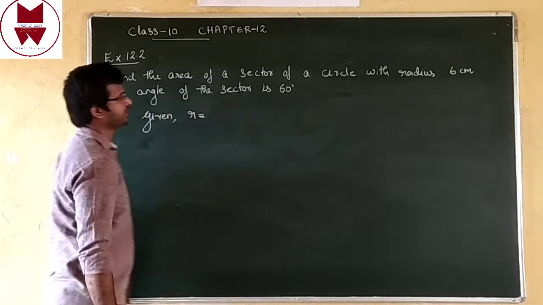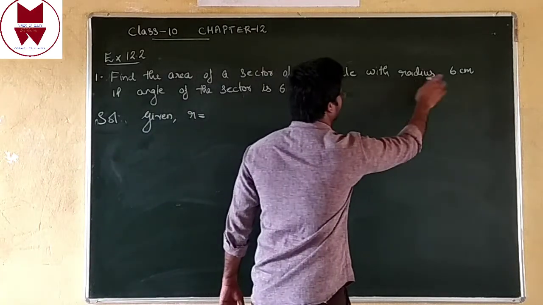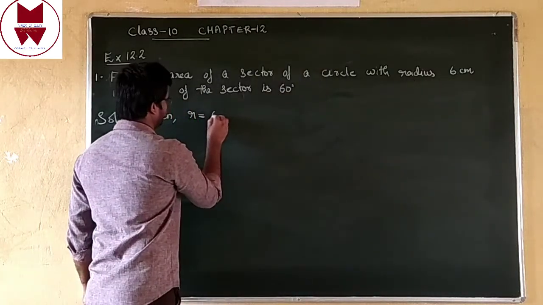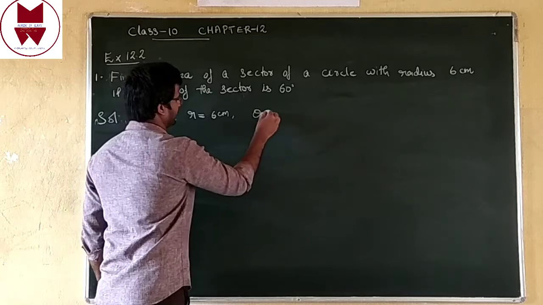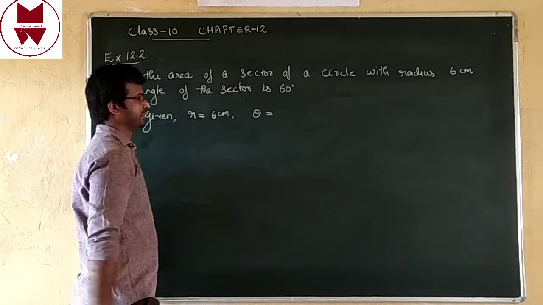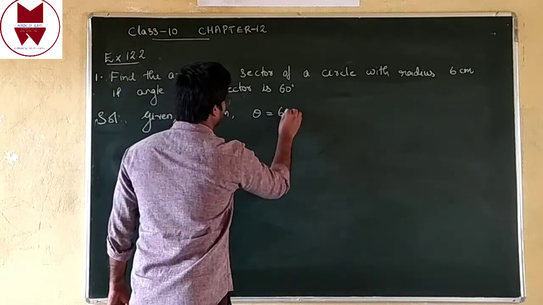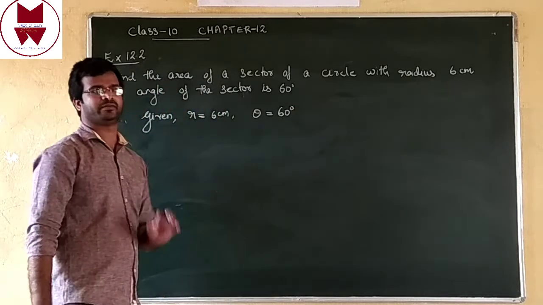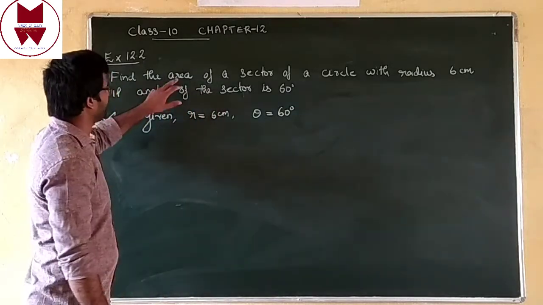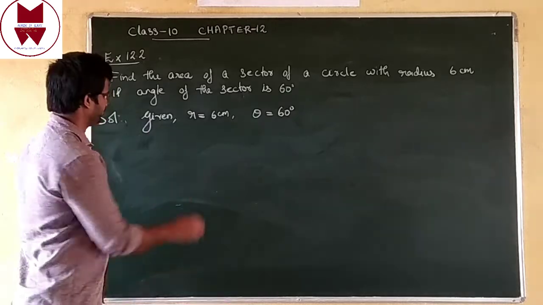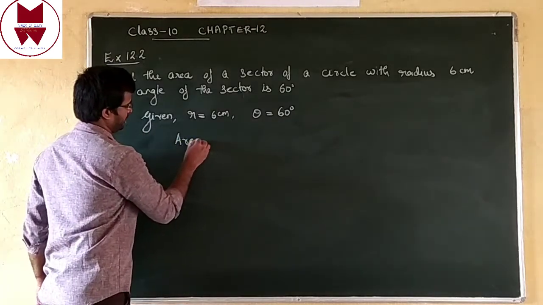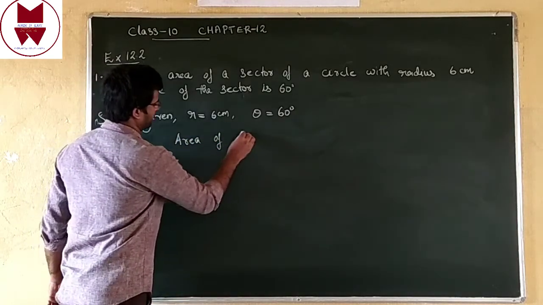We can write r equal to 6 centimeter. Then one angle of sector also given, that is 60 degree. These two things are given here. Our question, we have to find out area of a sector.